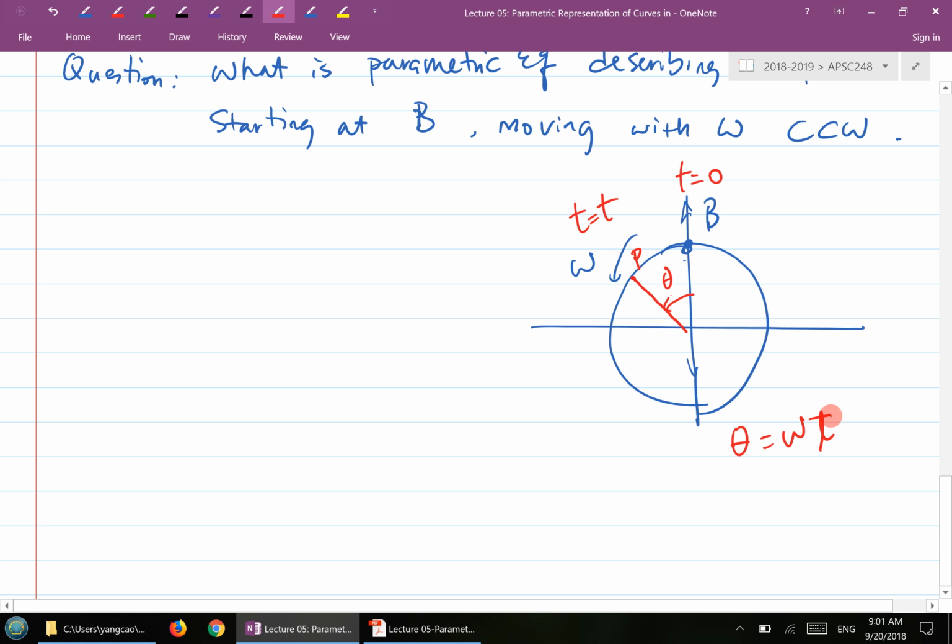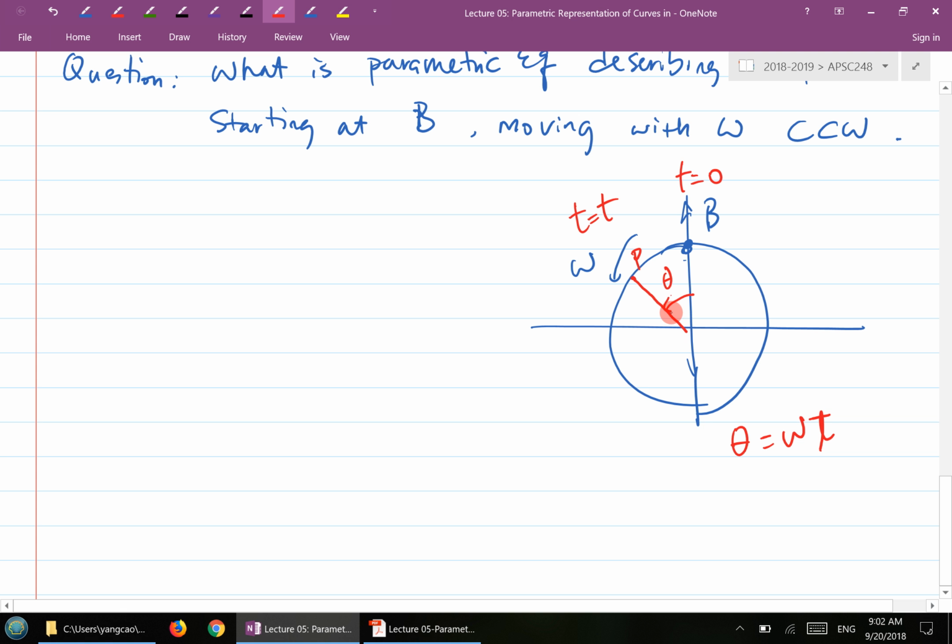I write it as a w, like down here. So omega t at here, and this is your theta now. Another thing you also want to be clear about is, when you describe a certain angle, especially mathematically, there's always a reference point.